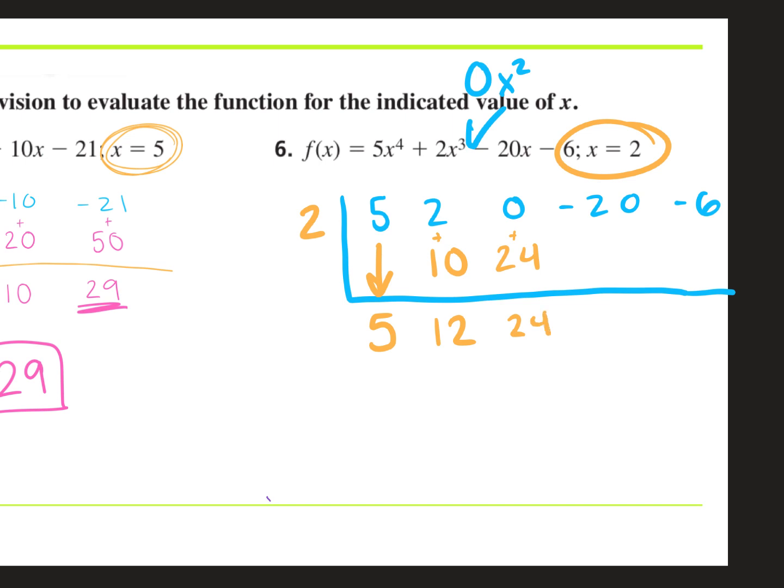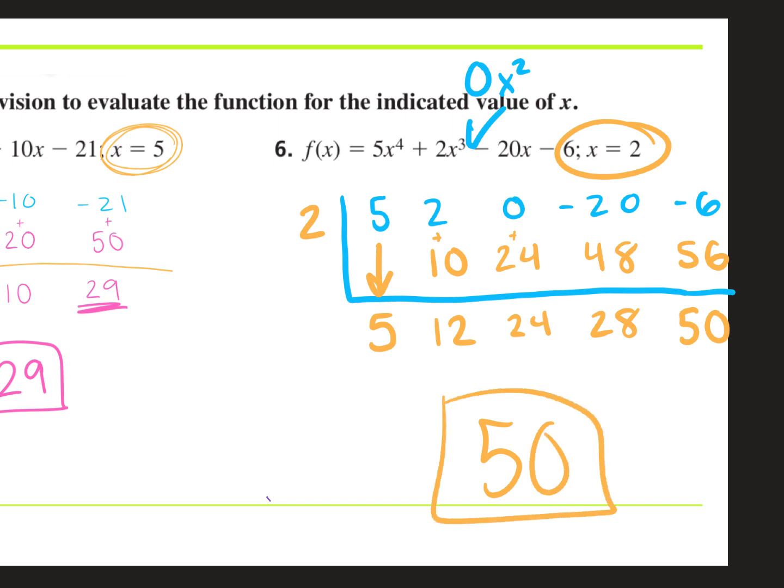Multiply. 48. Add 28. Multiply. 56. Add 50. So what's my answer? 50. So the remainder is the answer.